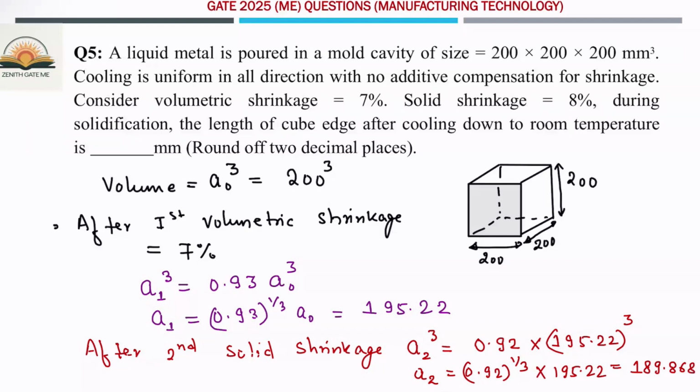That means the final answer for this question is A2, after the second solid shrinkage, 189.87 mm. Okay, because you have to round off to 2 decimal places. So this will be the correct answer.